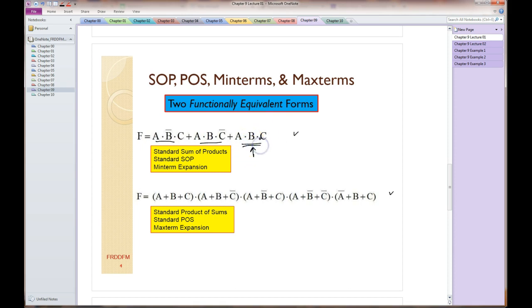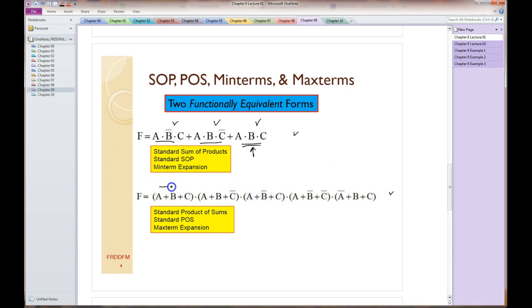These product terms that include all of the input variables are also known as min terms. So this becomes a min term expansion. Each of these are min terms once again because they're product terms, and they include each of the 3 input variables. So as you'd guess, this is a standard sum of products.